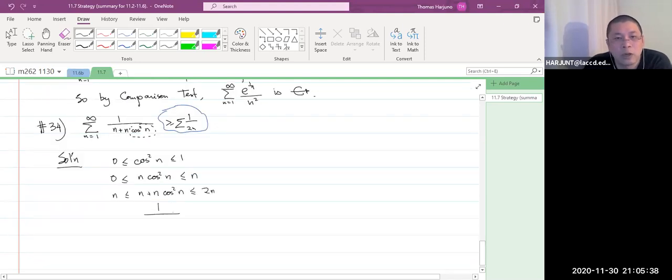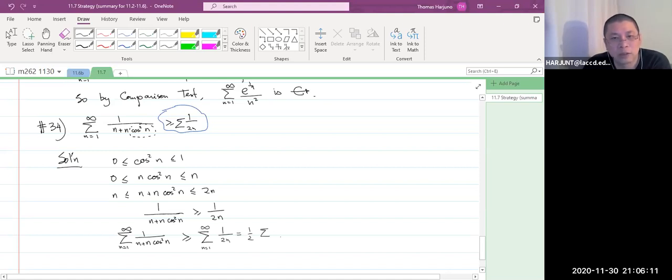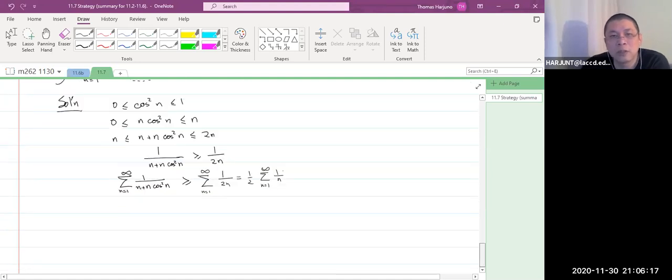Now then when you do the reciprocal, this 1 over n plus n cosine squared n is greater than or equal to 1 over 2n. So the series is greater than the series of 1 over 2n, which is 1/2 harmonic series. Now you see I bounded it below by something divergent, which is harmonic.